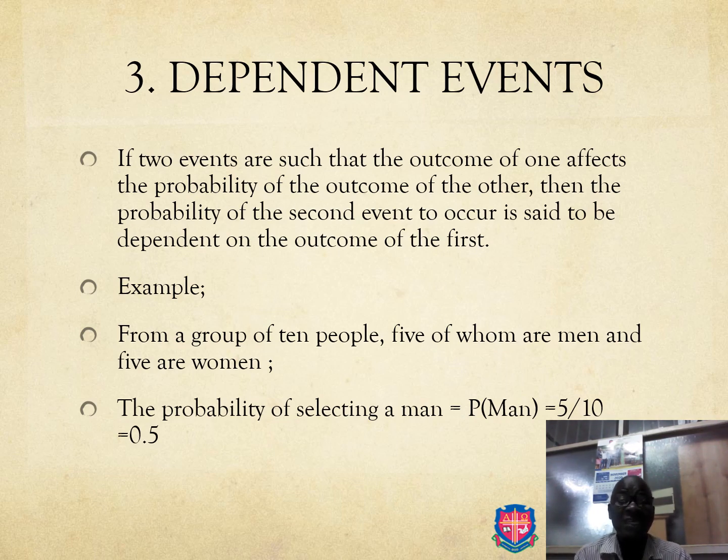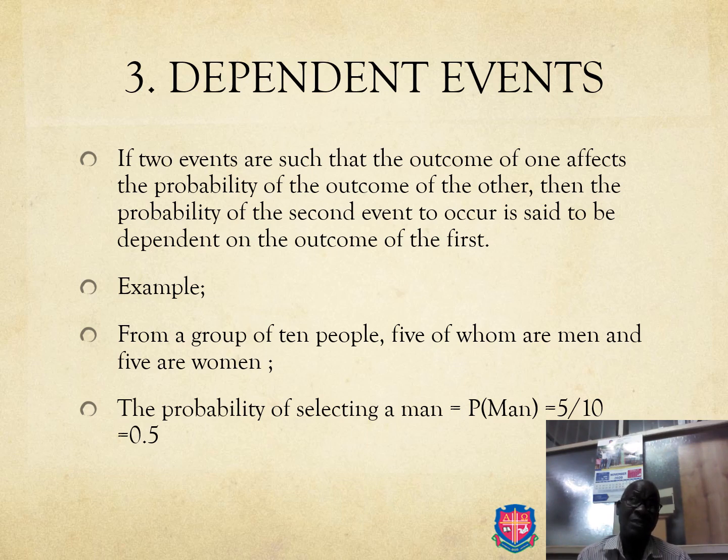If two events are such that the outcome of one affects the probability of the outcome of the other, then the probability of the second event to occur is said to be dependent on the outcome of the first. So the outcome of the second event is dependent on what happened first.